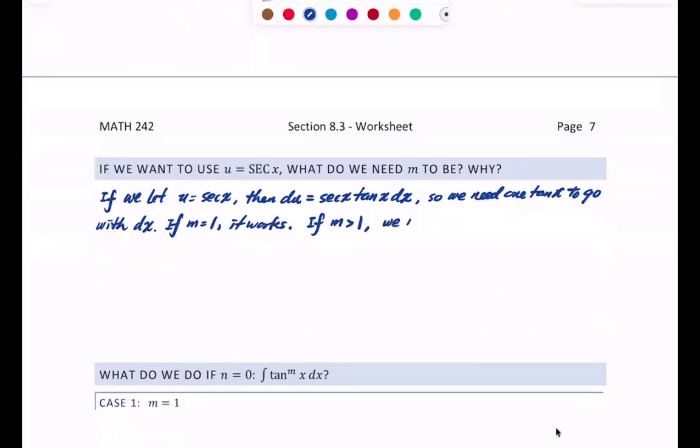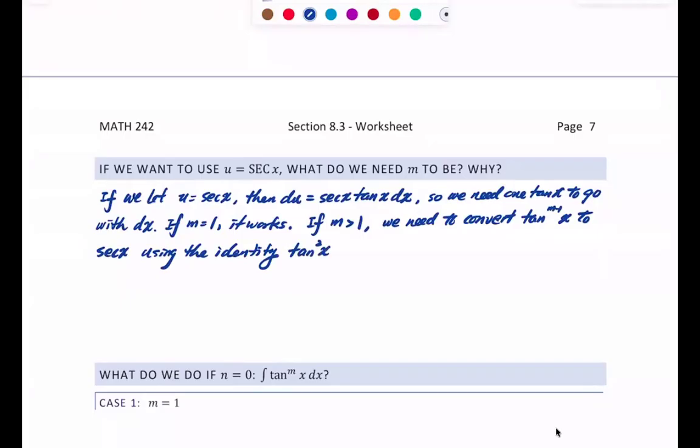So we need to convert the remaining tangent, so that's m minus 1, to secant. Using the identity, tangent squared x is secant squared x minus 1.